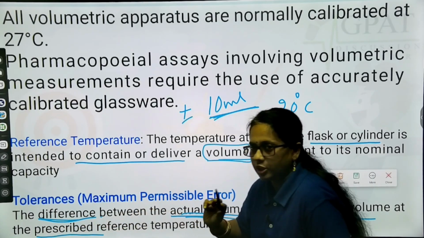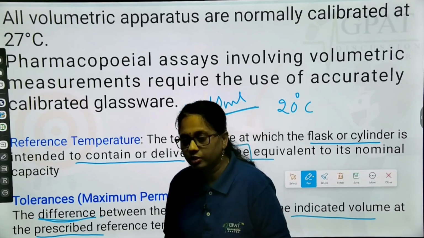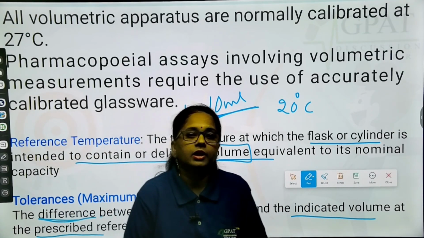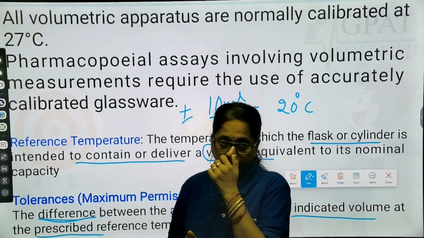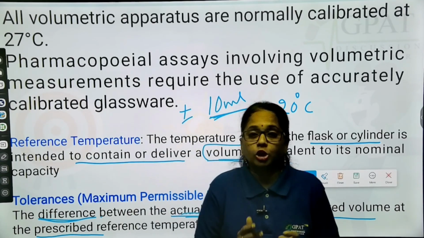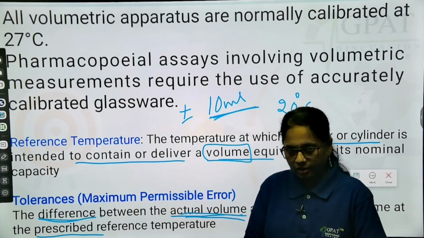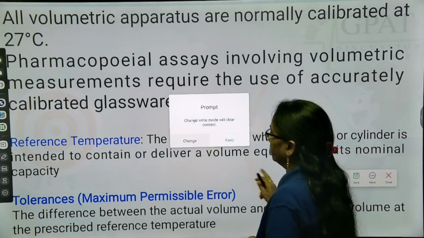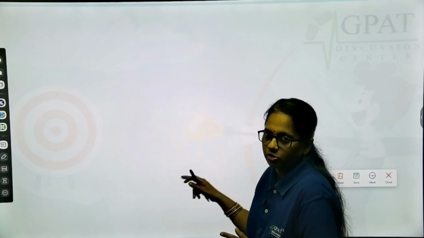The difference between the actual volume and the indicated volume, taken at the prescribed reference temperature, is called the tolerance. It is also called the maximum permissible error, and it could be a plus value or a minus value, on either the positive or negative side.